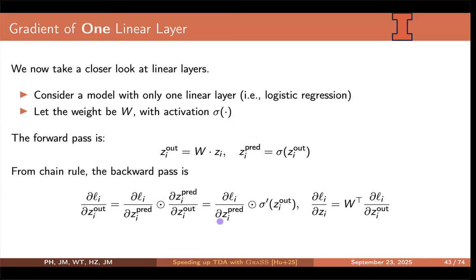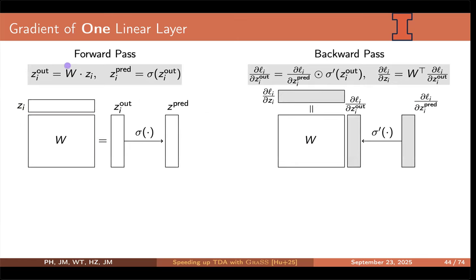For the backward pass, you first compute the gradient with respect to the prediction, and then you multiply with the derivative of your activation function. You get your gradient with respect to the output, and now you further propagate to get the gradient with respect to your input. If this is too complex, we can look at a figure, which is essentially what we just said. You have an input and you right multiply with W, you get your output, and you pass it into your activation function, you get your prediction.